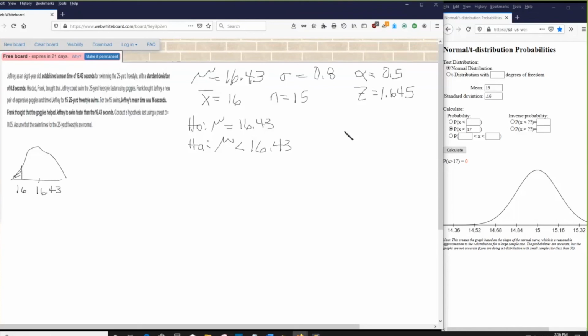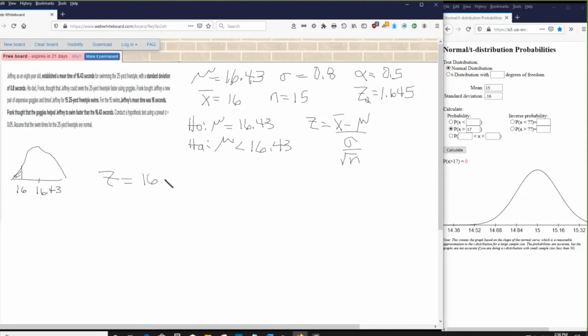Now we're going to plug our numbers in. So our z-score that we're going to calculate, so this is our z of alpha. We're going to have the mean minus the population mean divided by the standard deviation over the square root of the sample size.